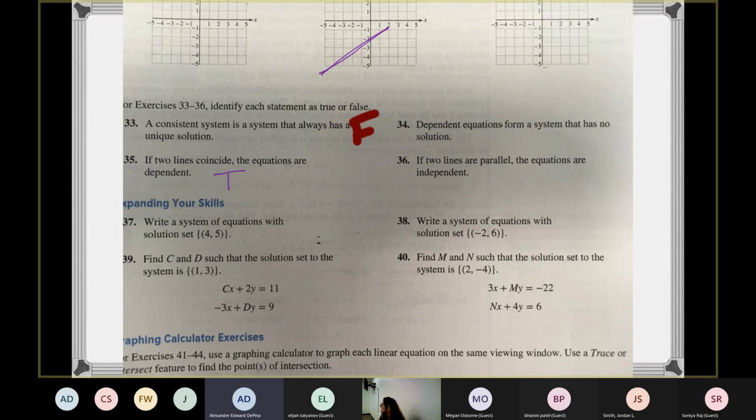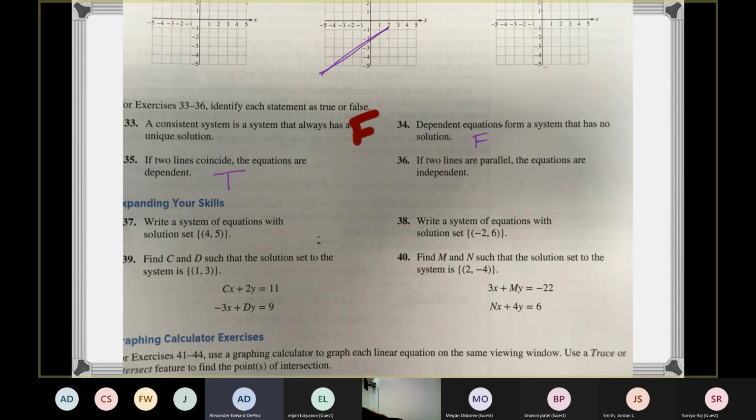True or false? False. Can do math. We can do the math. Dependent equations form a system that has no solution, which Chloe says is false, and the people here did too. So it is false indeed.